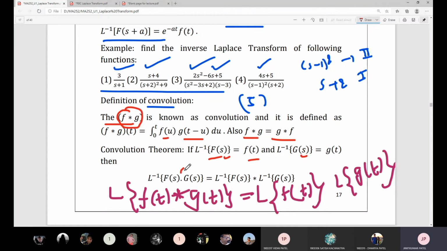If you remove the dot, you will get terms in star, means convolution, on inverse Laplace transform.